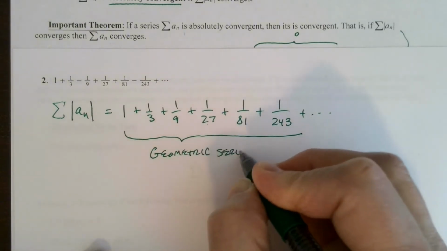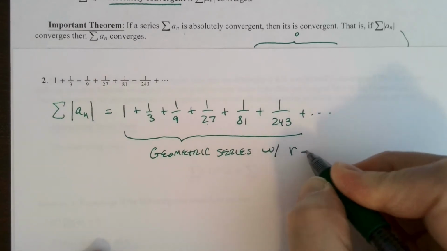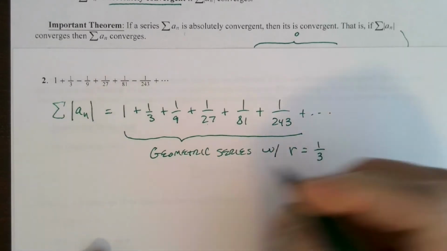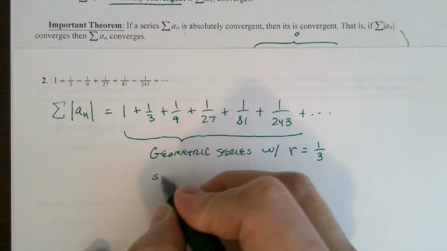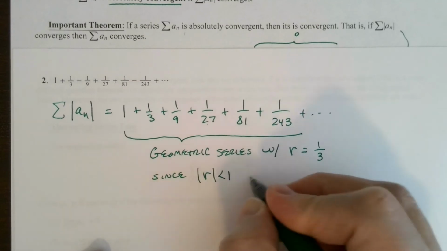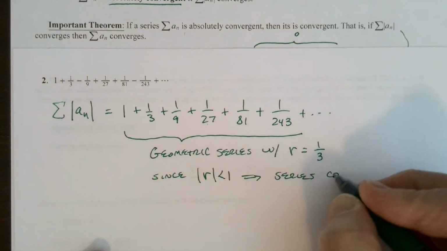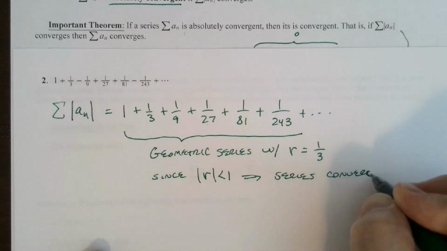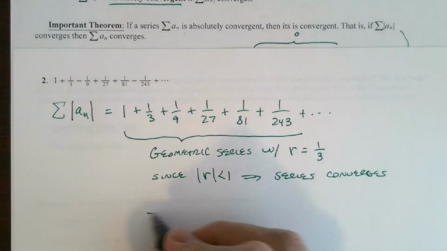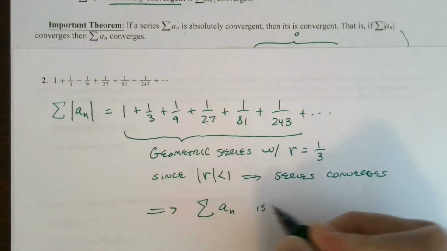So I'm multiplying. This is a geometric series with the ratio r equal to 1/3. And since the absolute value of r, which is 1/3, is less than 1, we know what? This series converges. And therefore, the original series is convergent.